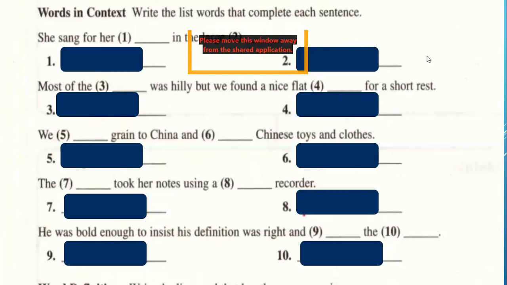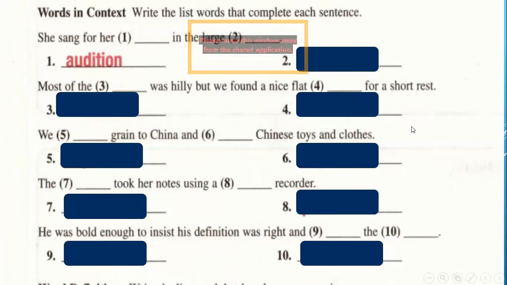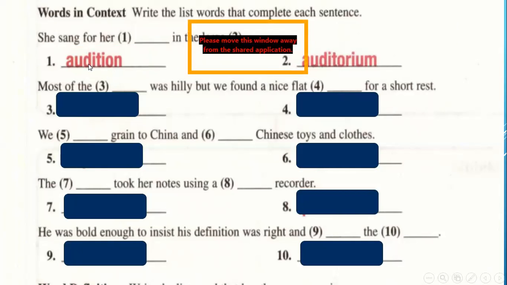So she sang for her audition, for the exam to see if she's good at singing or not, in the large auditorium. Audition means the exam, and auditorium means the place where she sang.